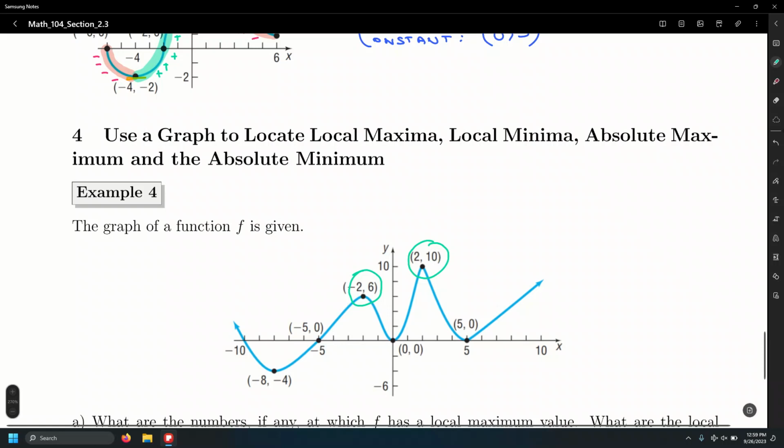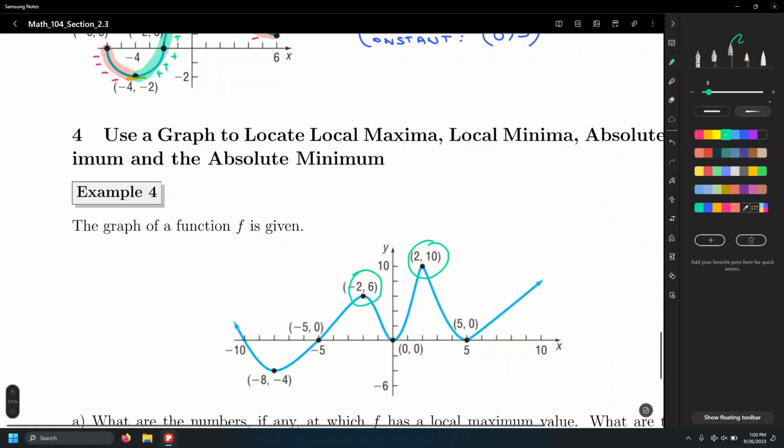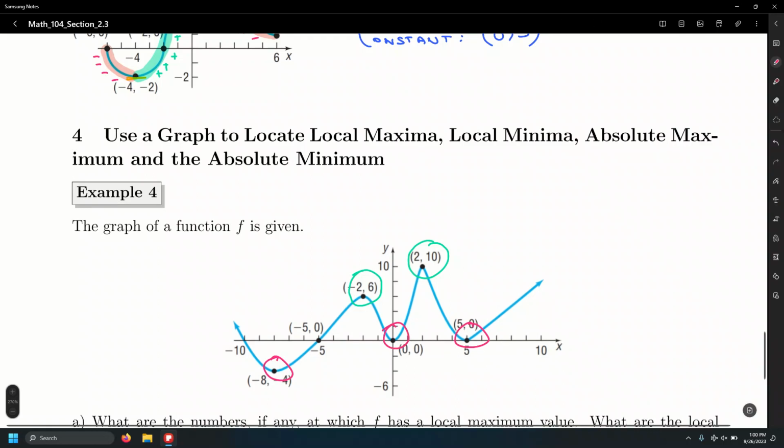Likewise, for minimum values, let me circle them with a different color. That's a minimum, that's another minimum, and there's this other third minimum. Yes, that looks like a minimum value, because we go decreasing and then increasing, decreasing, then increasing, and again decreasing and then increasing.